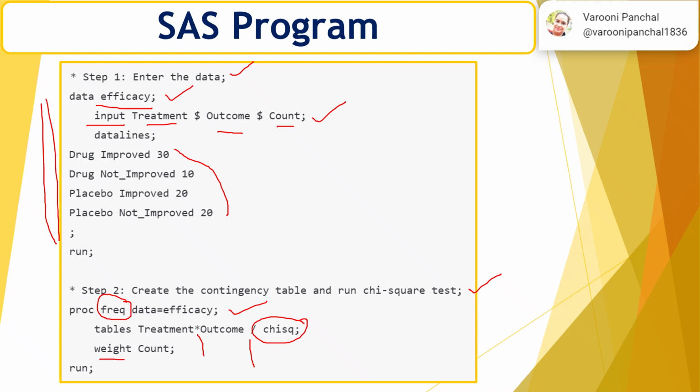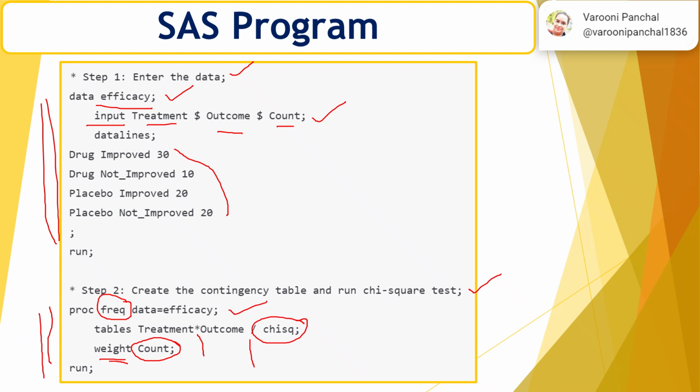And then this is the WEIGHT statement. What is the weight of these two variables, the first variable and the second variable? My weight is nothing but my count. For each and every syntax or option, you should first understand how PROC FREQ runs, only then will you understand it practically. Each and every statement is very important. If you don't put this star, you will not get the result. If you don't put this slash, you will also not get the result.